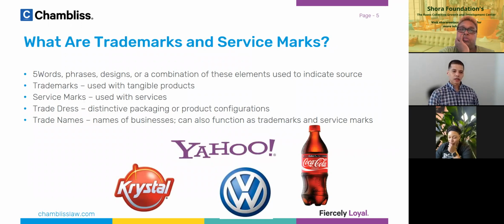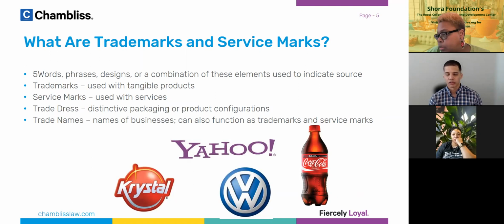So I guess first, like I said in my intro, intellectual property is an umbrella term that includes patents, trademarks, copyright, and trade secret. Those are generally the four categories of intellectual property.